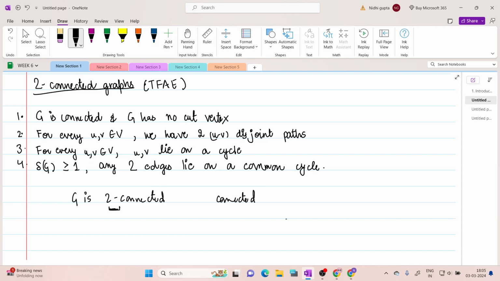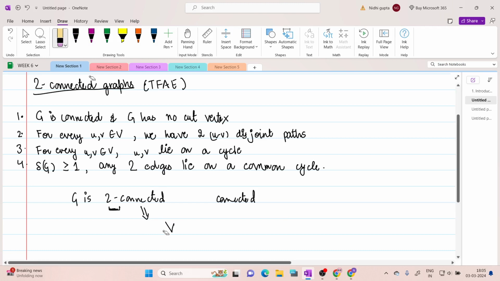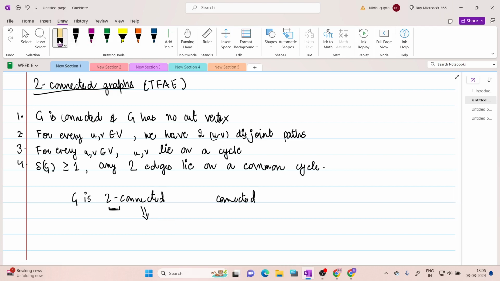It does not depend on the vertex. That is, if we remove any one vertex, this should be true. That is, G is 2 connected means G minus v is connected for all v in V.